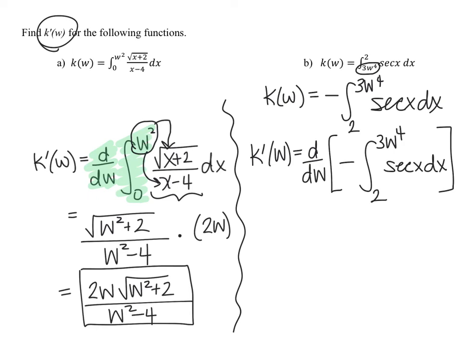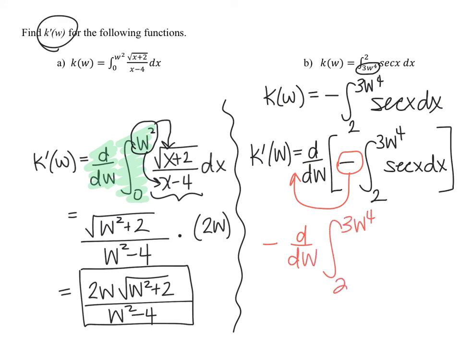And I didn't mention this earlier in the video, but let me just show it here. I don't think you need to write this down, but really what we're doing essentially is recognizing that when we are taking the derivative of a constant multiple, that constant essentially comes out in front. So it's as if we're taking a negative 1 times the derivative of this integral.